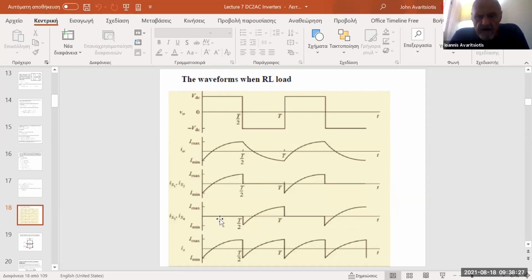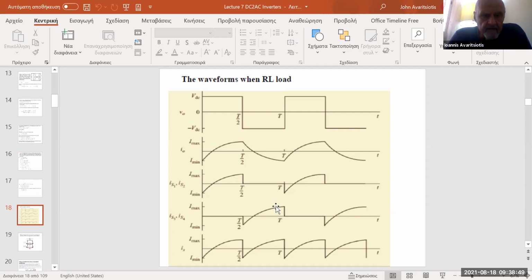In other words, they are off for the first half of the period, and they switch on for the second half of the period, when the switches S1 and S2 are off, open as switches, and you can see that the current varies accordingly.